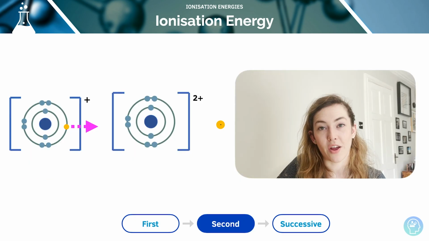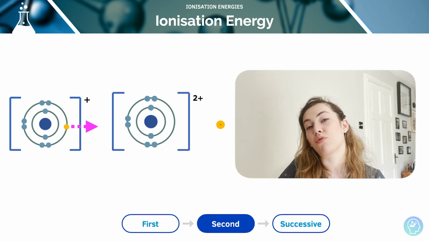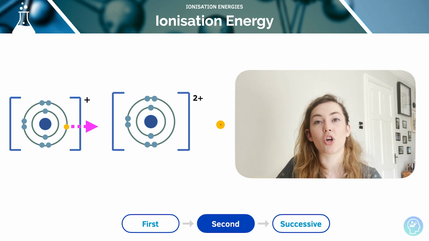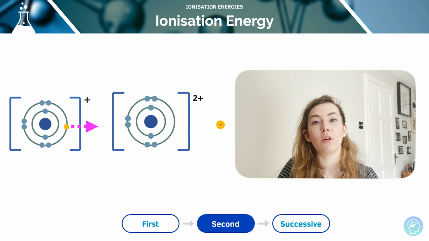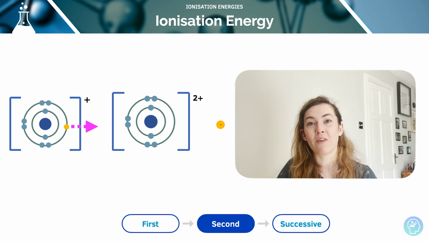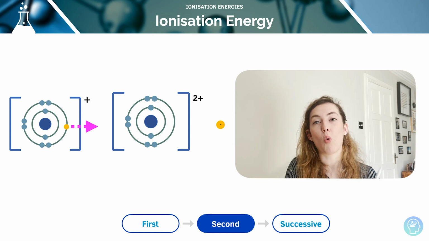The second ionization energy is the energy needed to remove 1 electron from each ion of an element in 1 mole of gaseous 1+ ions to form 1 mole of gaseous 2+ ions. Again, very important definition. So we're going from 1+ to 2+, the second ionization energy.